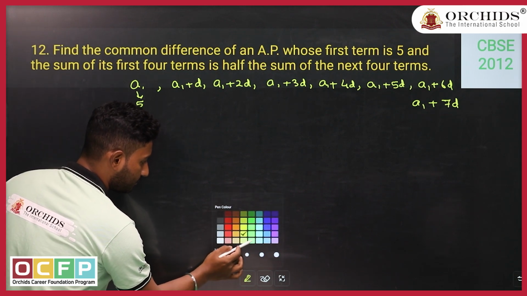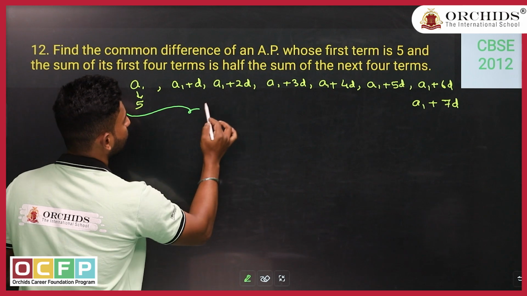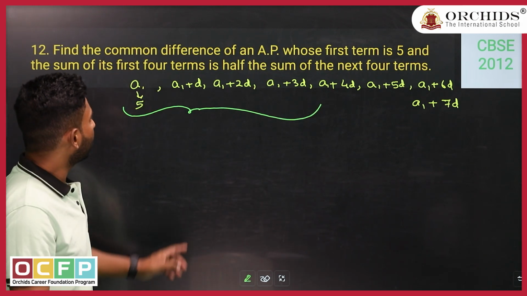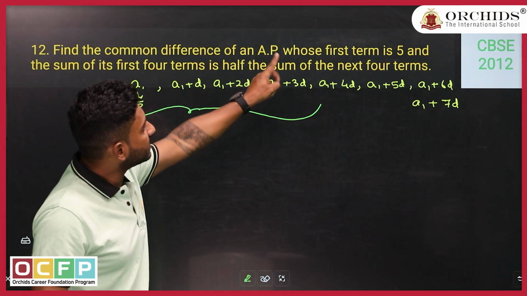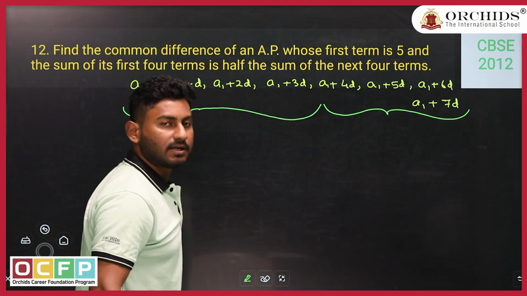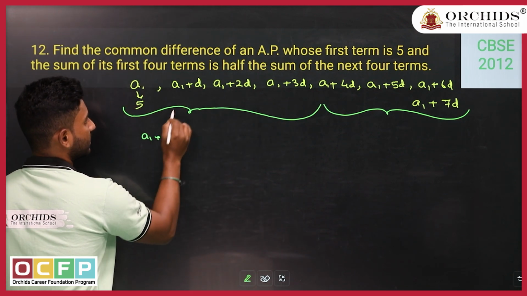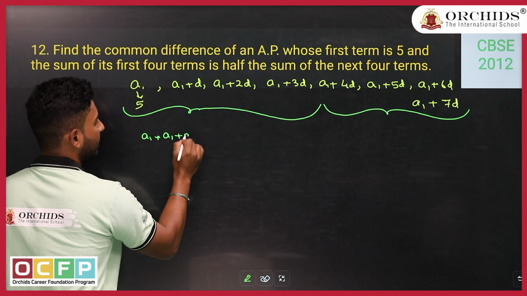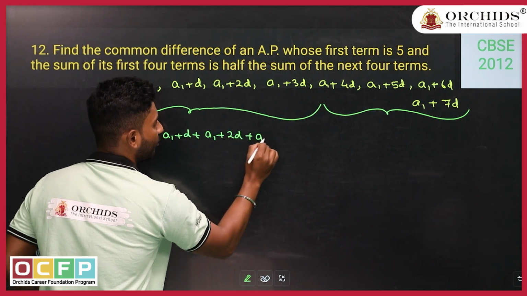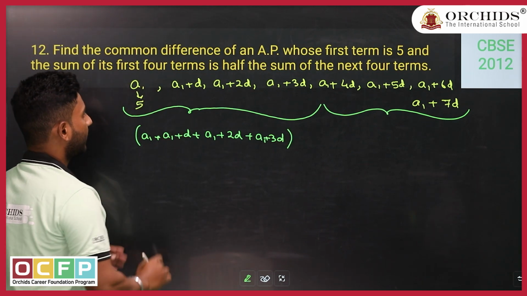If you see here, 1, 2, 3, 4. So these 4 terms, if you add, is half the sum of the next 4 terms. So just adding this one, A1 plus D plus A1 plus 2D plus A1 plus 3D, I have added the 4 terms.